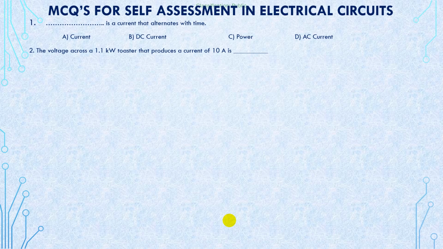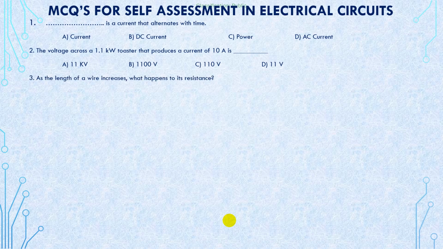We know P, we know I, so V is nothing but P divided by I. The general confusion here is you never change the kilowatt to normal values, because current is in amperes but power is in kilowatts. So first you have to transform it: 1100 divided by 10, so it becomes 110 volts.